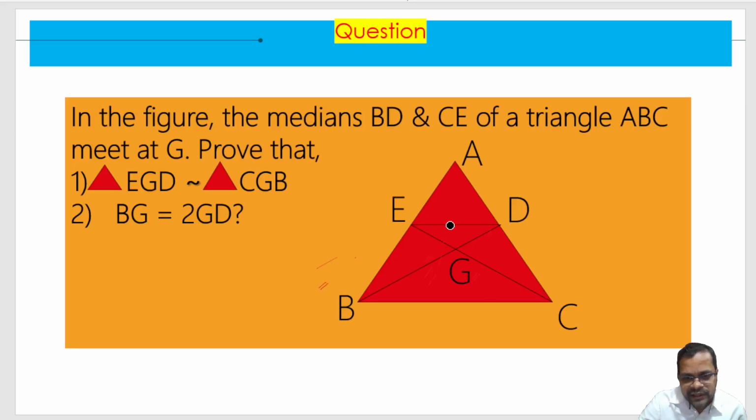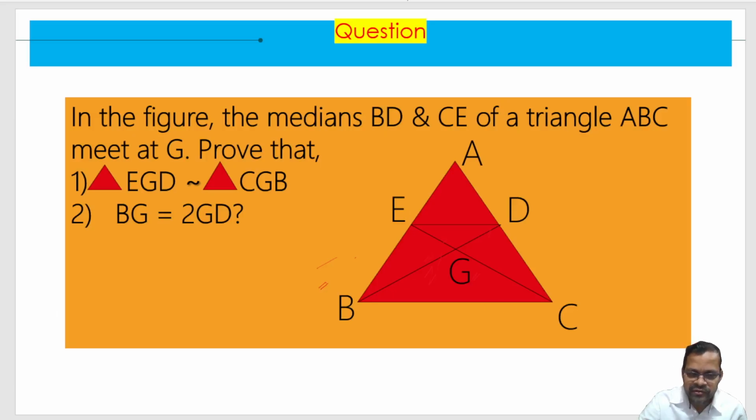It means ED is parallel to BC, because E is the midpoint of AB, and D is the midpoint of AC, and the midpoint theorem says that ED is parallel to BC.